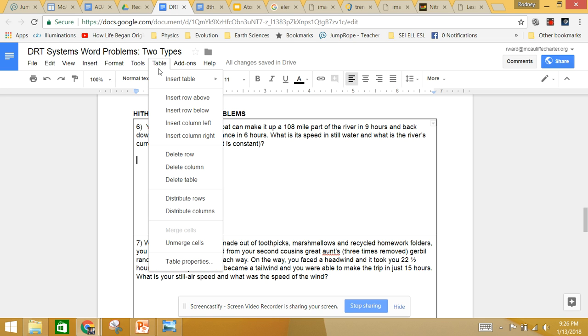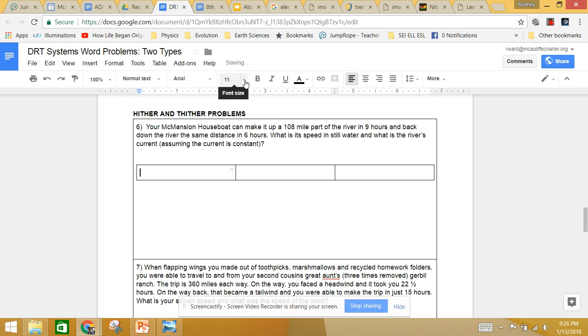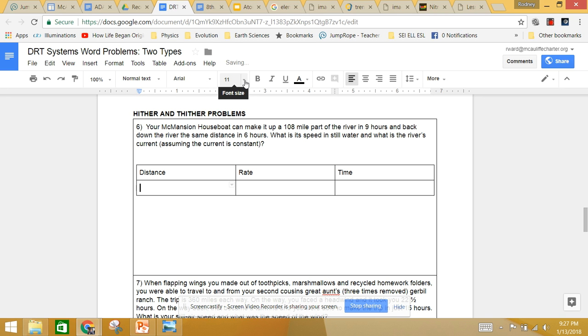I'm going to make a table, and it's going to be a distance, rate, time problem. So I'm going to have a distance of 108 miles. So I make it up a 108-mile part of a river. And 108 miles.